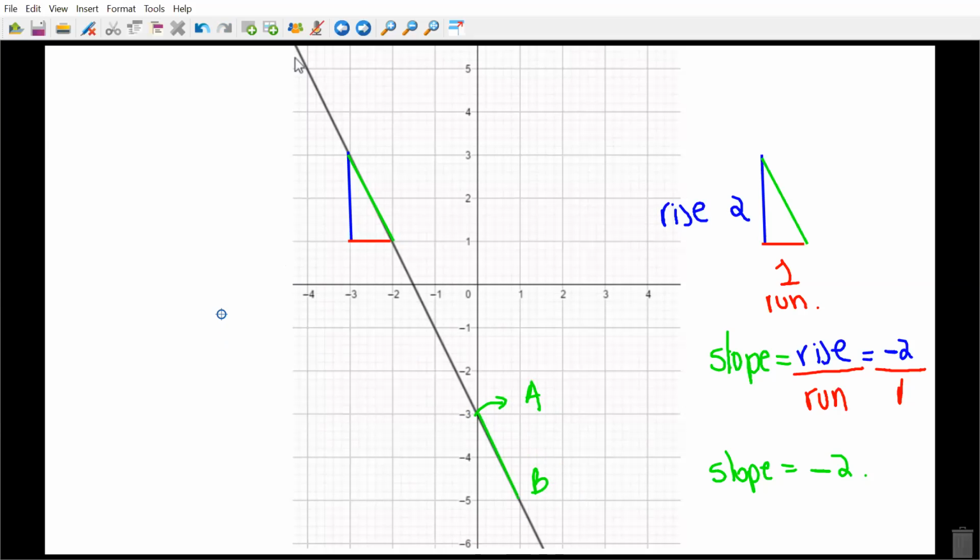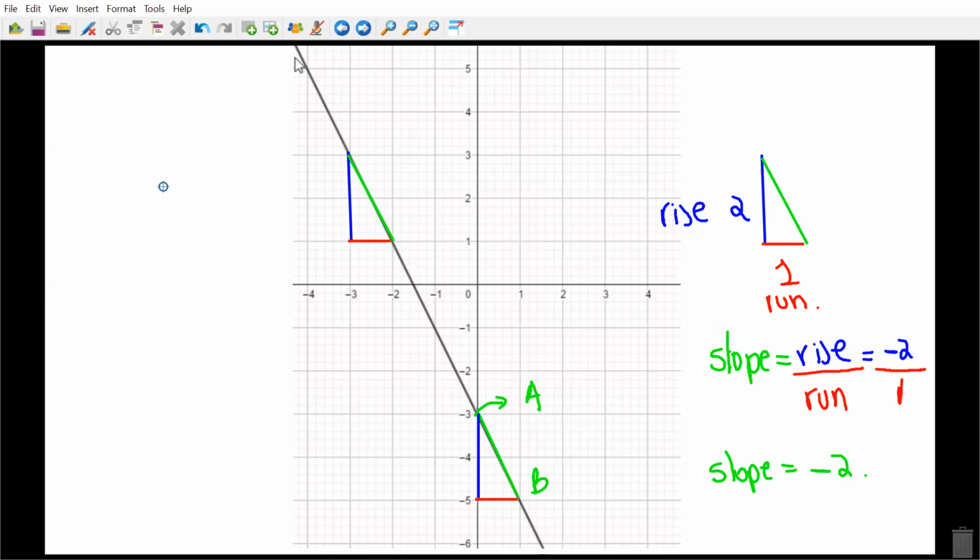Now, I'm going to work with the rise, and I am going to work with the run. Is it the same triangle? Yes. Why? Because it's a straight line. Excellent answer, Mr. Rengifo. And this line is always going to have the same slope.